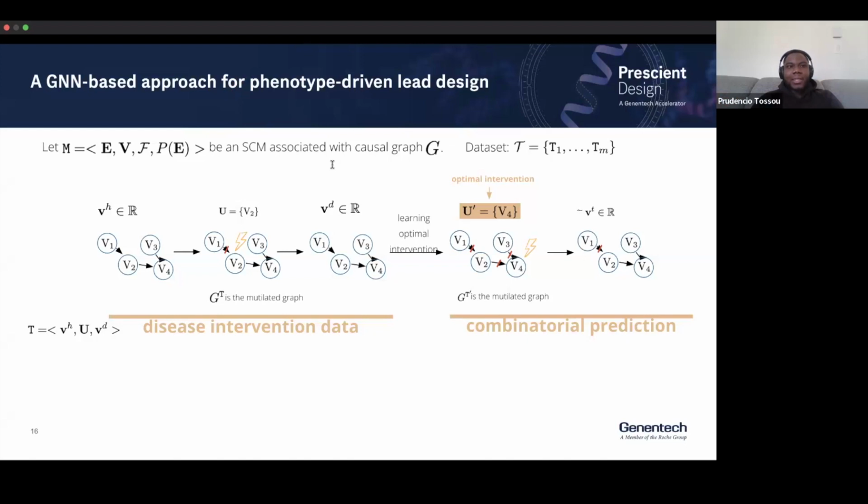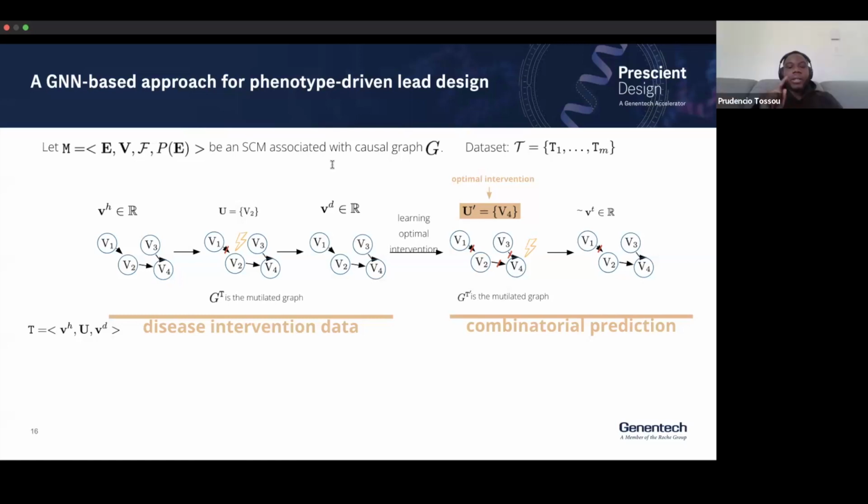Can I just ask a follow-up to that? You said the thing we are interested in is the state of the node, not the state of the graph. But when we do the intervention, we get data about the state of all the other nodes in the graph, right? And that's what we use as the data set for the training. Can you repeat that?